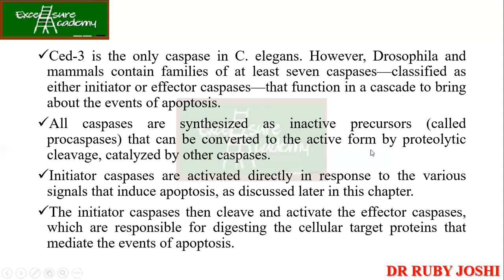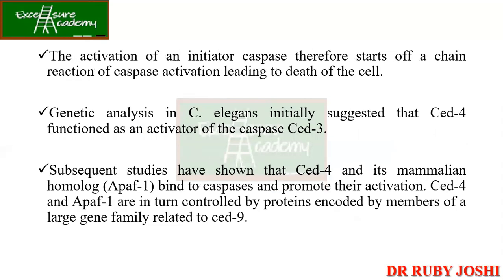Now initiator caspases are activated directly in response to the various signals that induce apoptosis, as we are going to discuss in this chapter. The initiator caspases then cleave and activate the effector caspases, which are responsible for digesting the cellular target proteins and mediate the events of apoptosis.